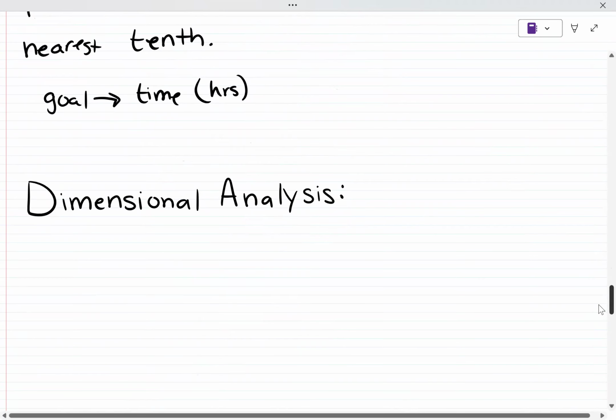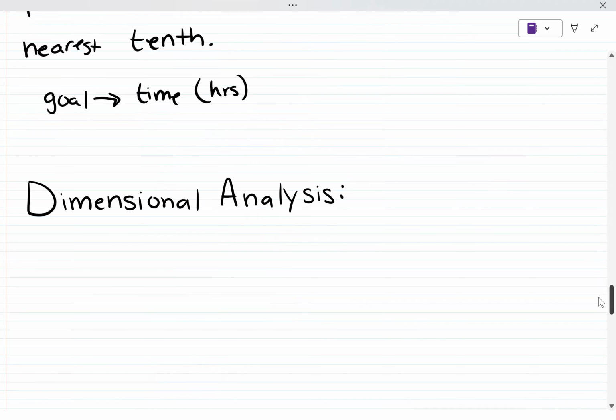We can do this problem with dimensional analysis and ratio and proportion. Let's start with dimensional analysis. We were given 1000 milliliters, and our goal is to finally get hours.